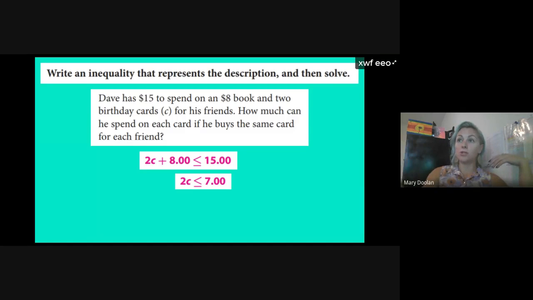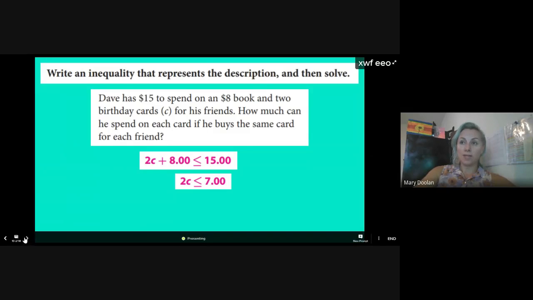When you are trying to solve an inequality, like we have here, same thing, we're going to use division. I'm going to divide 2c by 2 so that c becomes isolated. Once I divide both sides by the same value, that keeps my inequality in balance. I get c is less than or equal to $3.50.